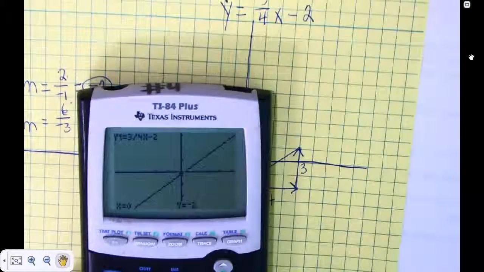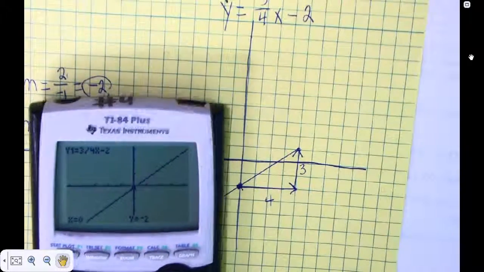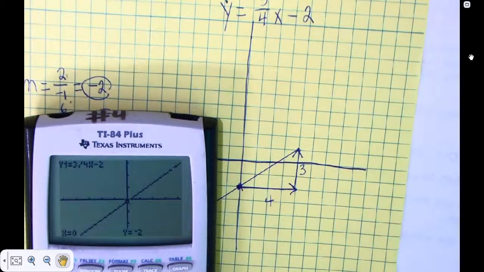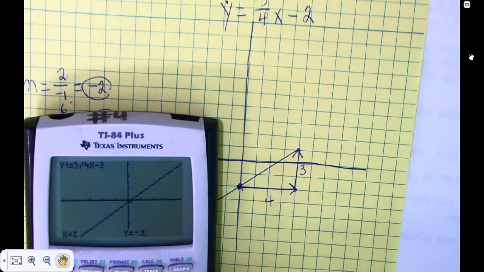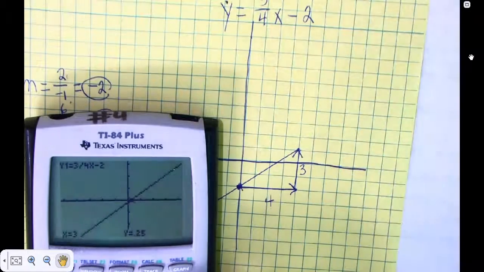Well, I don't know what's wrong. Maybe there. Okay, 0, -2. If you hit the right arrow button, what are we hunting? The x-intercept. So what's y going to be? 0. Did it just skip right over it? Yes, it did.